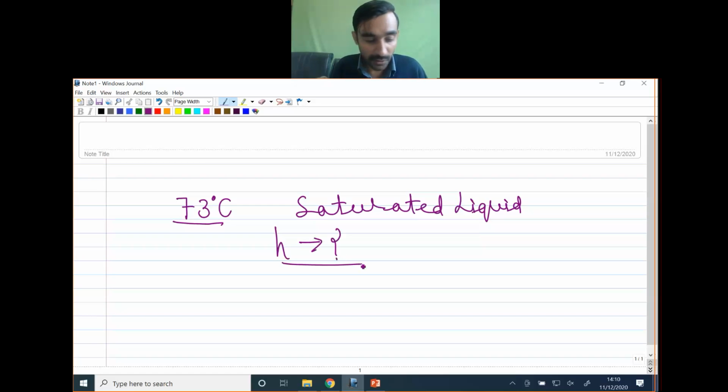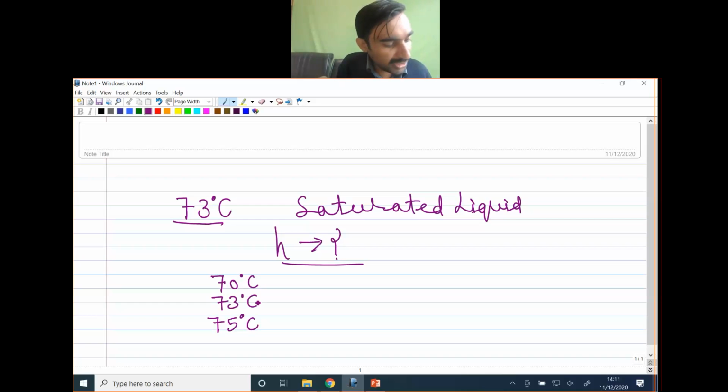If I refer to the saturation temperature table, I will find that we do not have any value of temperature equal to 73 degrees. Rather, we have the closest values as 70 degrees Celsius and 75 degrees Celsius. So 73 lies in between 70 and 75.